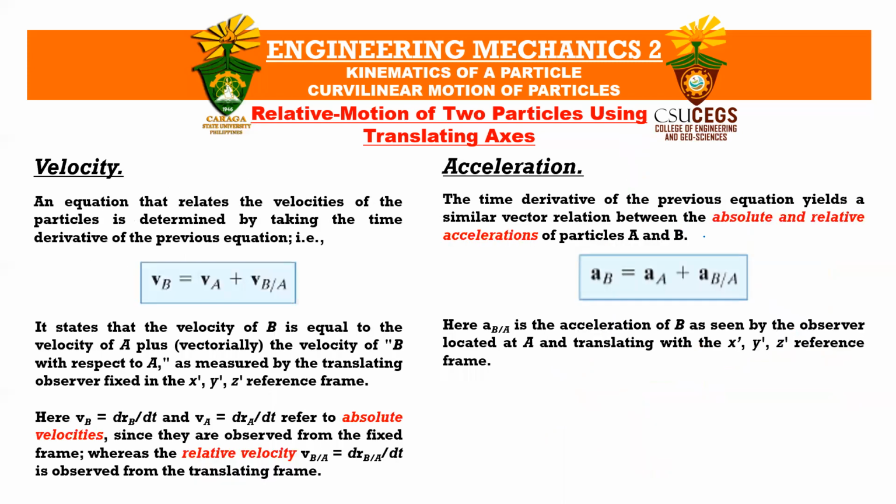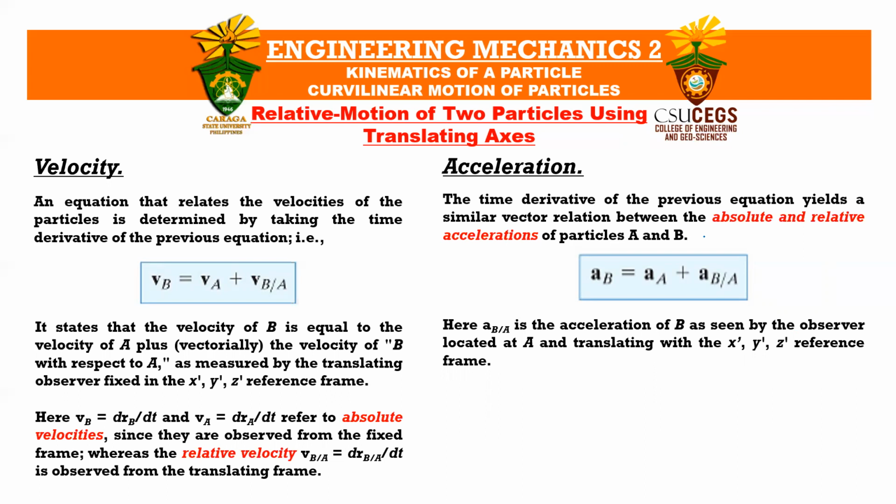For the velocity, an equation that relates the velocities of the particles is determined by taking the time derivative of the previous equation, that is, the position equation from the previous slide.